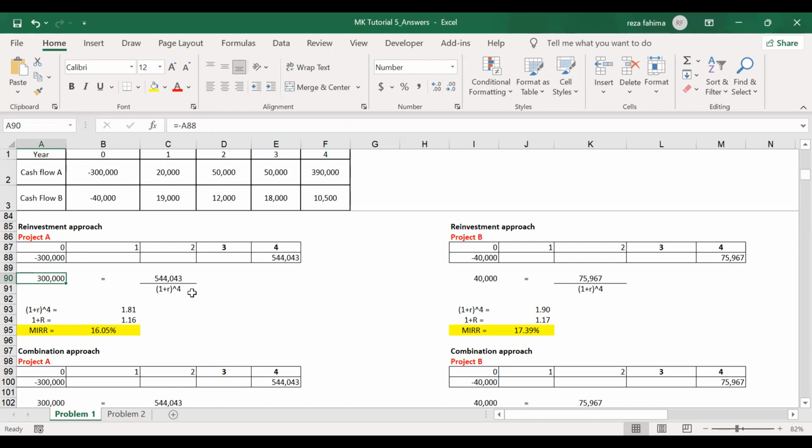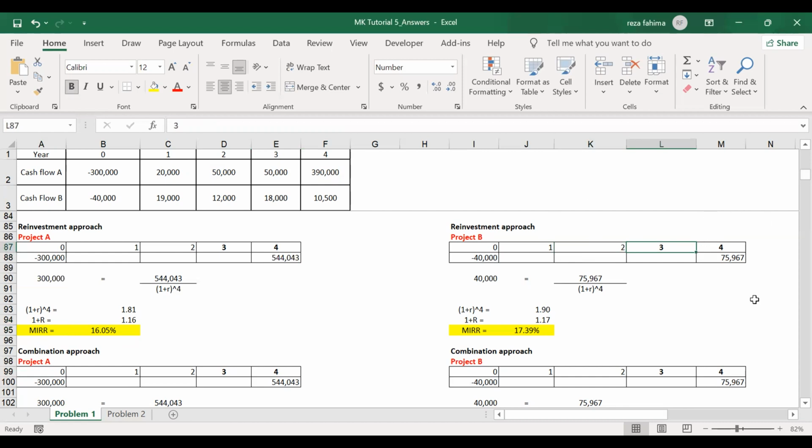Then we substitute, and we get 1 plus r to the power of 4 equals 1.81, and 1 plus r equals 1.16, so our r, or our MIRR, equals 16.05%.